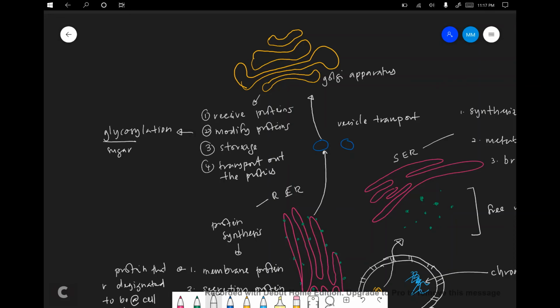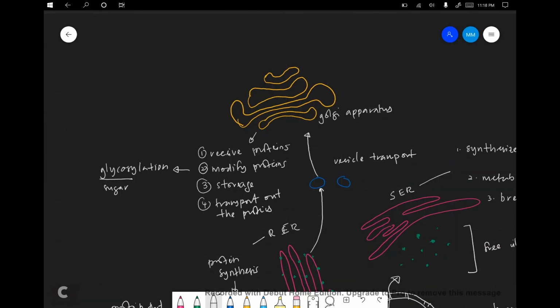So how does the protein, after being modified at the Golgi apparatus, get transported out? Now comes another organelle responsible from here. The name of the organelle now is what we call secretory vesicles. Okay, I'm going to draw that organelle. So this one.